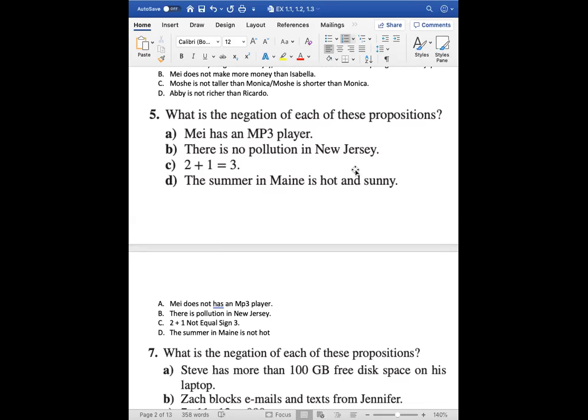So if it is and, then we will make it an or. But if it is or, then we will make it and if we are taking negation. So here this will be converted to an or. So the summer in Maine is not hot or sunny. Or just to be more clear, you can say or it is not sunny.